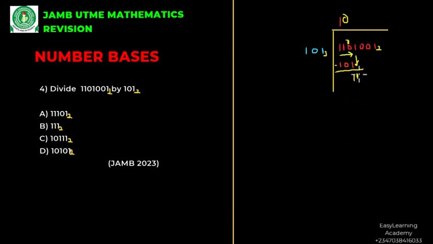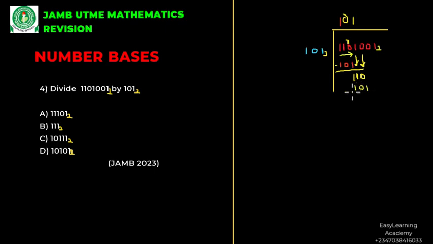So we write down 0 here, and then we're going to bring down this other 0 as well. So when we bring it down, it will now be 110. Okay, so we now say 101 comes into 110. How many times? It's still going to be 1 time. So 1 times 101, we're going to have it as 101.